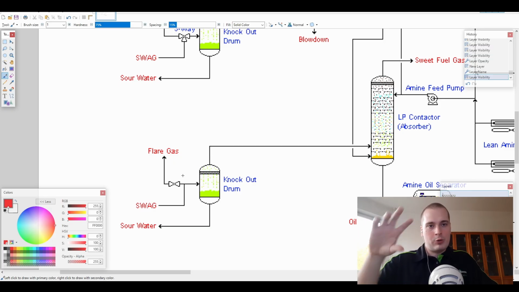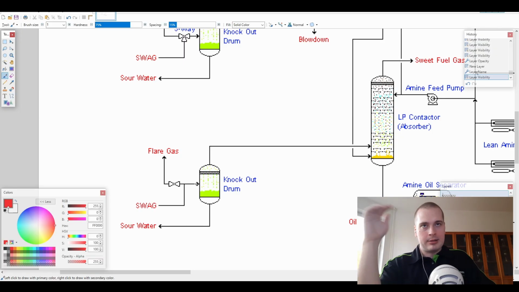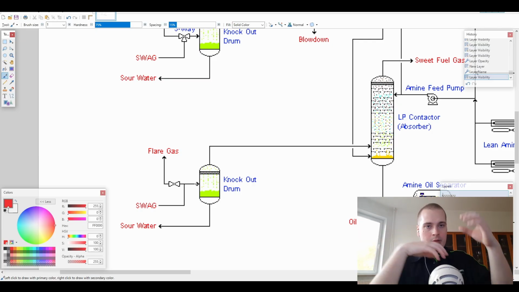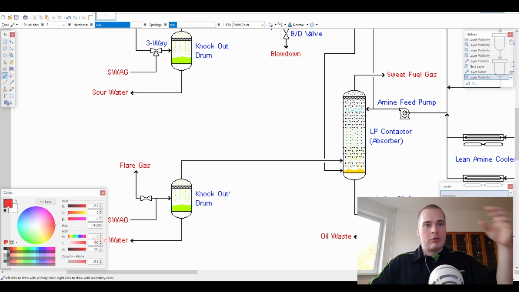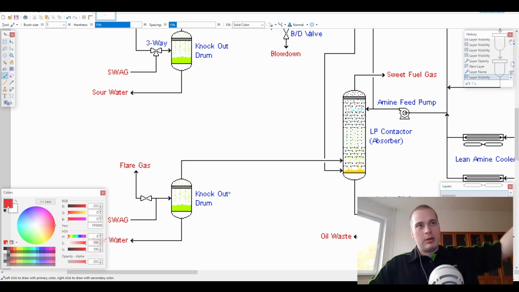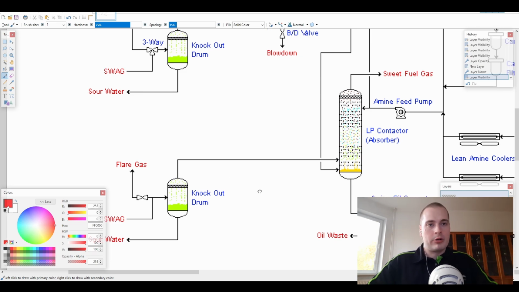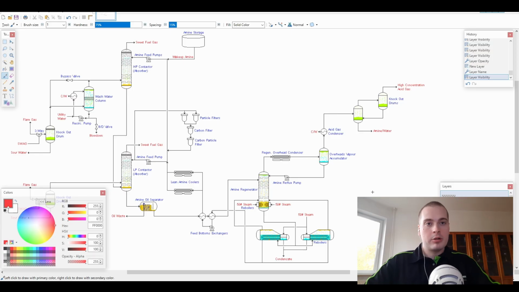Now we don't have a three-way valve in here. We just have a valve that goes to the flare system, and then our gas gets into the knockout drum. Again, liquid gets knocked out, and our gas goes directly straight into our low pressure contactor.